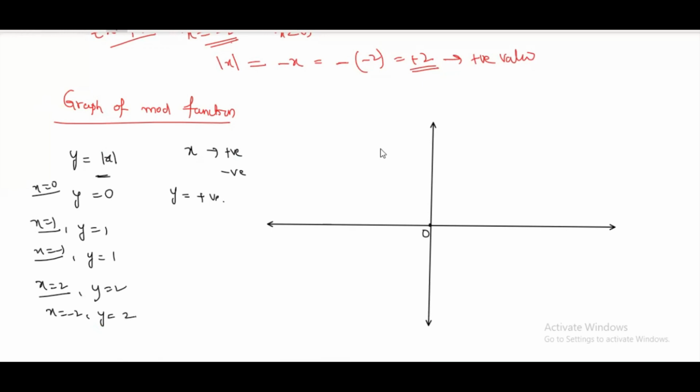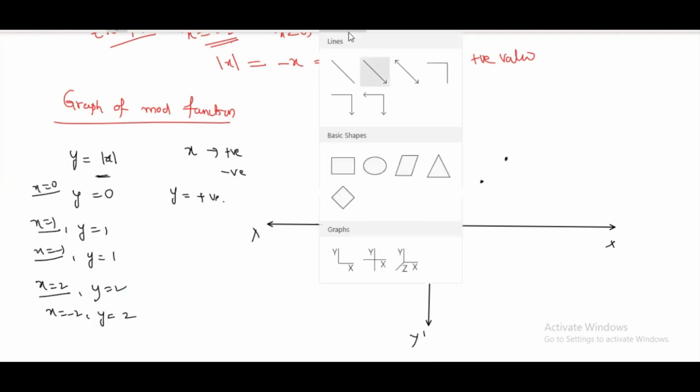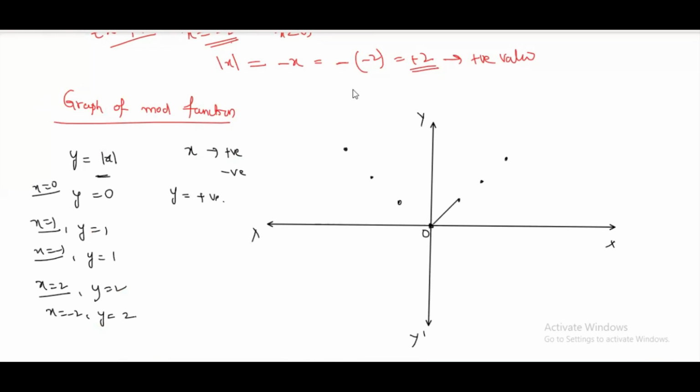When you draw that on the Cartesian coordinate system, we get points: 0 means 0 only, 1 comma 1, 2 comma 2, 3 comma 3, or minus 1 comma plus 1, minus 2 comma plus 2, minus 3 comma plus 3. If we join all these, we get the graph for modulus function like this.